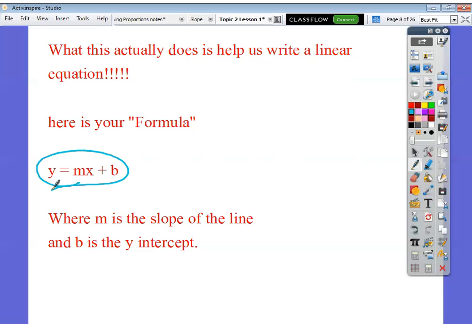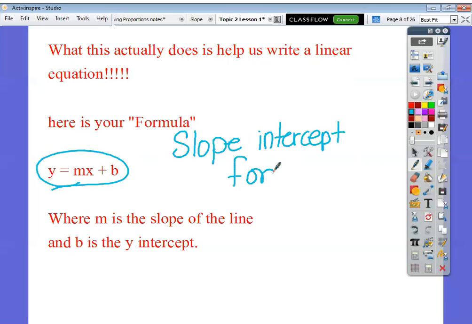All right, so this right here is called the slope intercept form. And it's y equals mx plus b. Y equals mx plus b. Now, what this is, your y and your x are stuck there. They are not coming out of this equation.